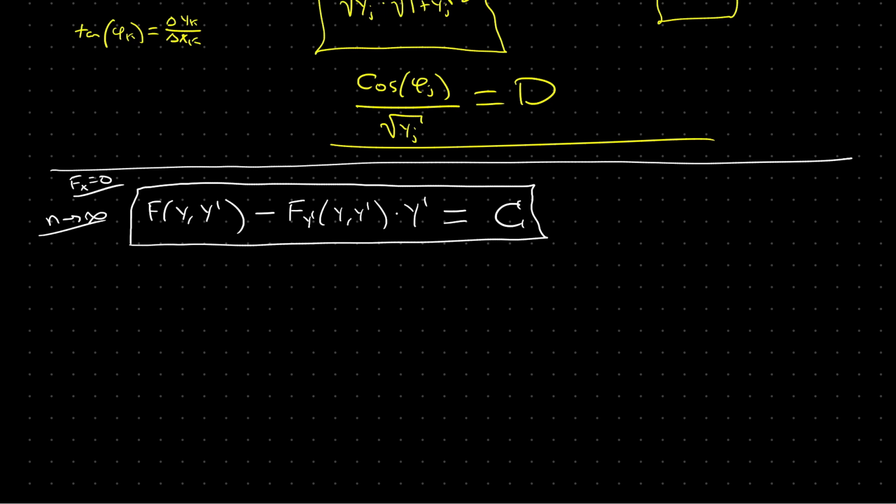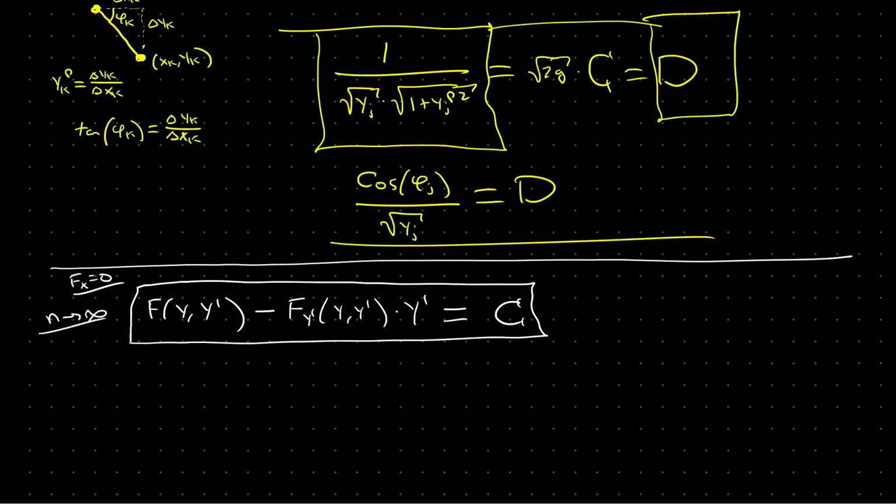If we consider what this means for the Brachistochrone problem, in the limit this expression right here goes to 1 over the square root of y times the square root of 1 plus y prime squared being equal to the constant d.